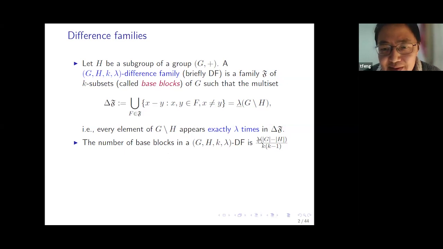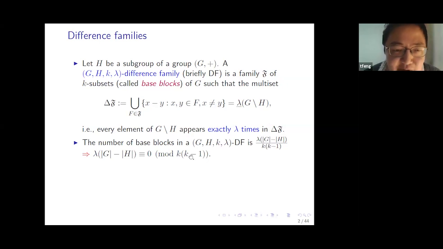So lambda times the size of G minus the size of H, over k times k minus 1, is the number of base blocks in a difference family. Such a difference family is denoted by (G, H, k, lambda)-DF. Because this number should be an integer, we have a necessary condition for the existence of difference families, which is this one.